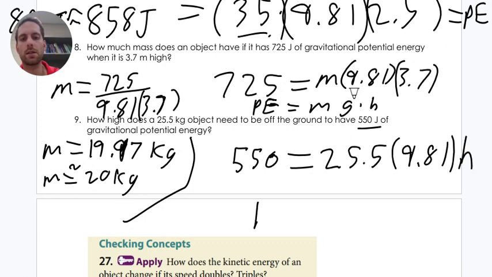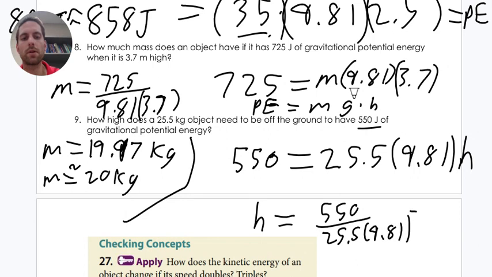So height is 550 over 25.5 times 9.81. I need parentheses there.